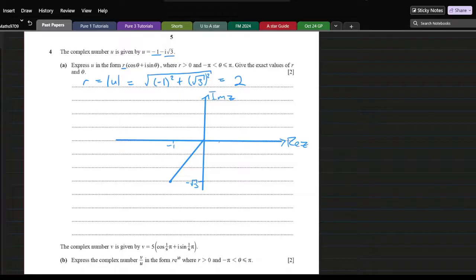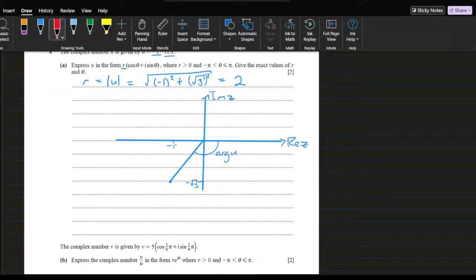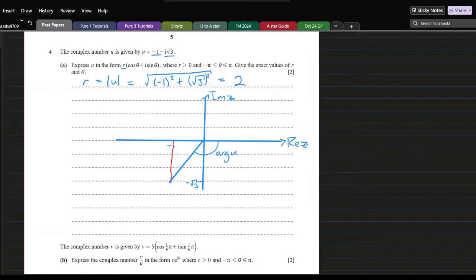So if I'm just going to draw a line from there to there, it means our argument is the angle formed between the positive real axis and our complex number. So that is the argument of u. That's what we need to find, and we can do that by forming a triangle here. Let's draw a triangle, and then to the origin, and then back to our complex number.